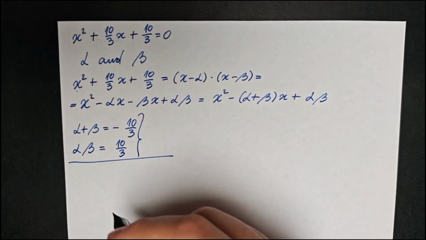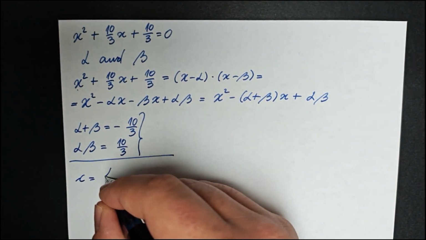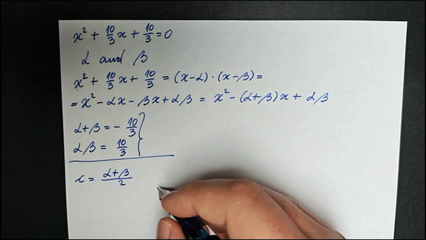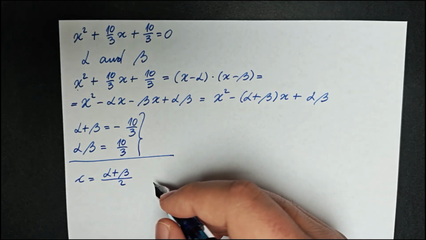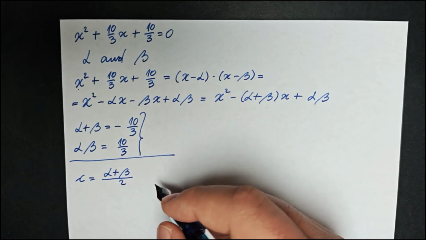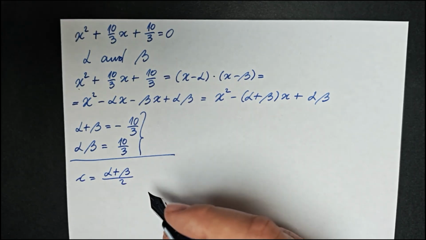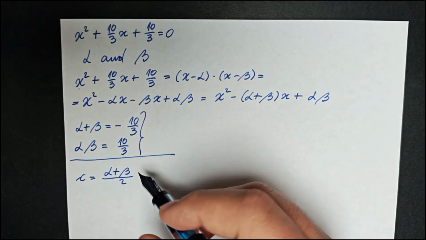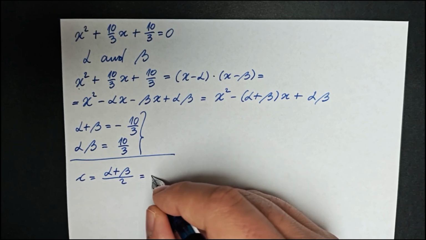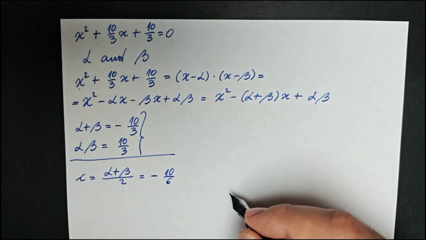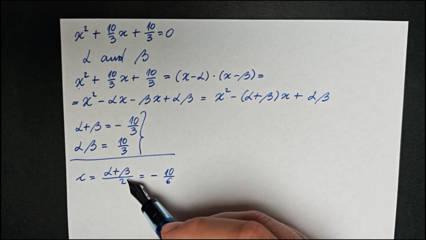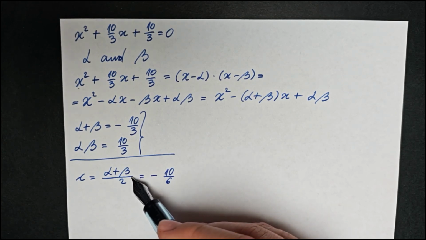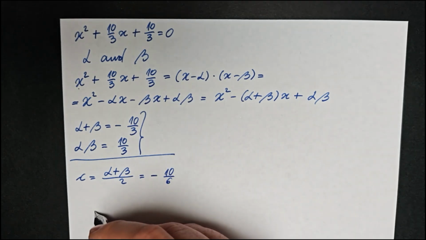Again, we are going to observe number c, which is defined as alpha plus beta over 2, and that c is going to be an average of these two numbers, alpha and beta. Since alpha plus beta is equal to negative 10 over 3, this is going to be equal to negative 10 over 6. Average of two numbers is equidistant from both of those two numbers. It is a middle point between them.